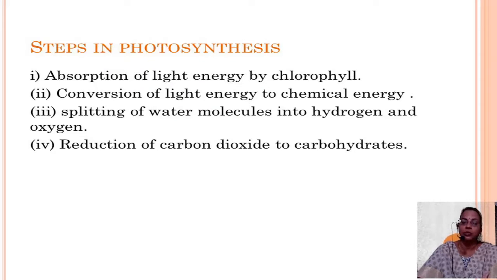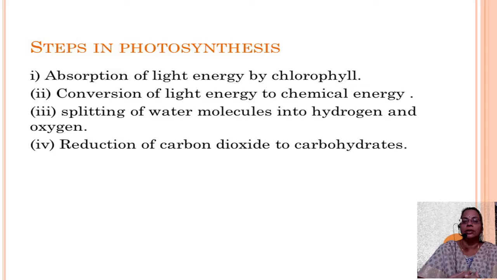When the leaves are exposed to sunlight, the outer layer of the leaf is called the epidermis, and inside that there are parenchymatous cells, generally called mesophyll cells, which contain chloroplasts. The chloroplasts contain the green coloring pigment, called chlorophyll. When these chlorophyll pigments are exposed to sunlight, they can absorb it. So that is the first step, absorption of light energy by chlorophyll pigments.